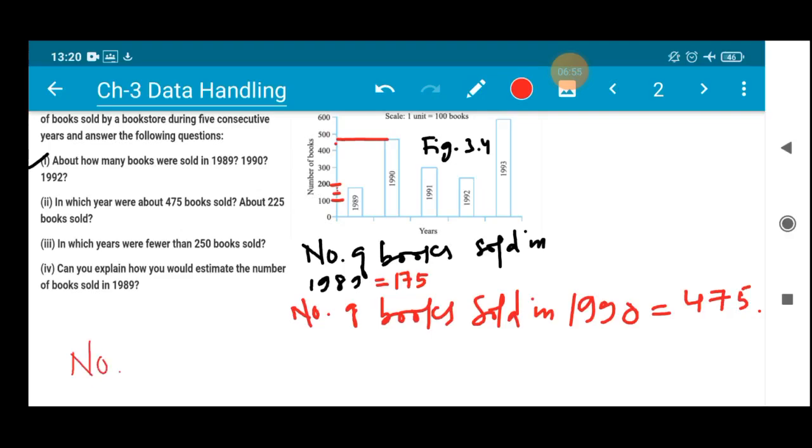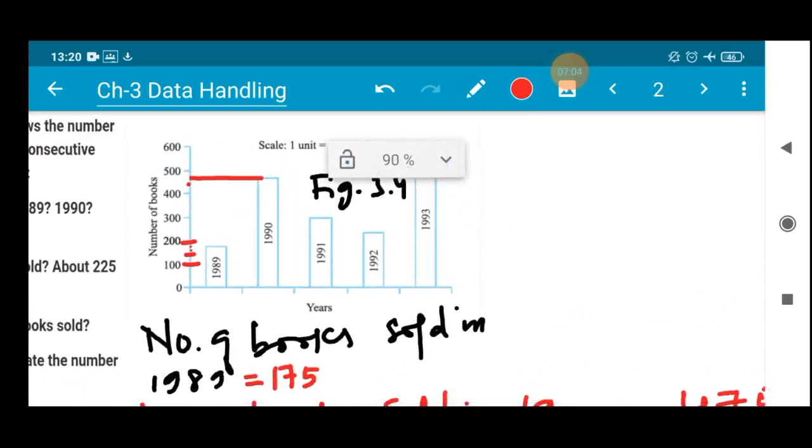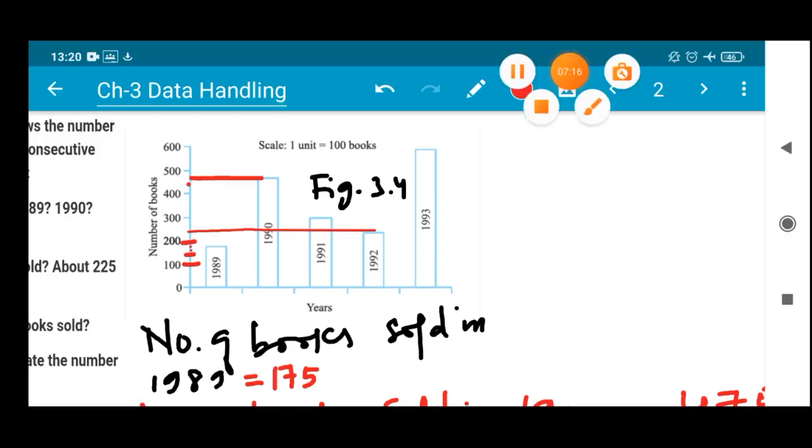Next, in question number 1 only, we have the next question. Number of books sold in 1992. Let us figure out. You will draw this straight line with the help of a scale and try to measure the value. Otherwise, if you are doing it by hand, then you may get a different value.